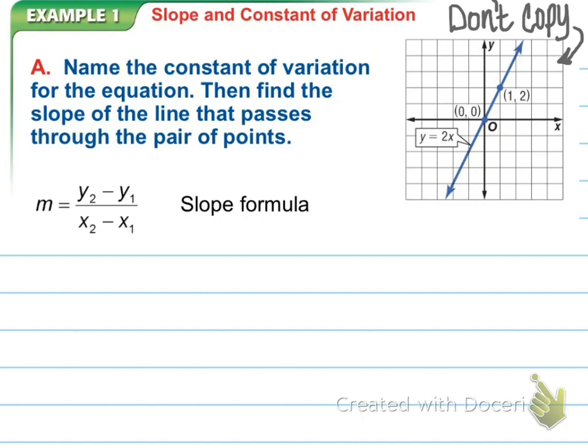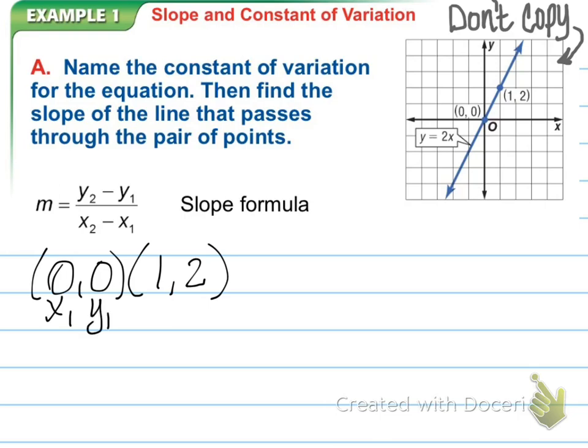So basically, you copy down your points. So you've got 0, 0, and you've got 1, 2. Now remember from last section, you start out by labeling your points, first coordinate and your second coordinate, and then you just plug them into the formula.